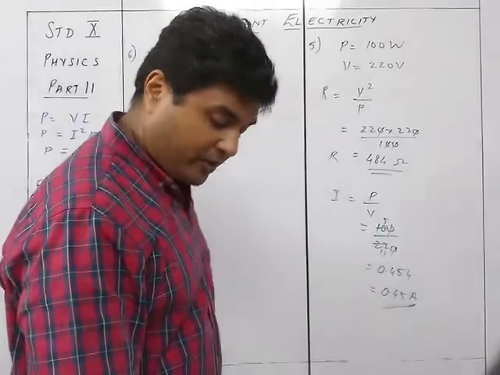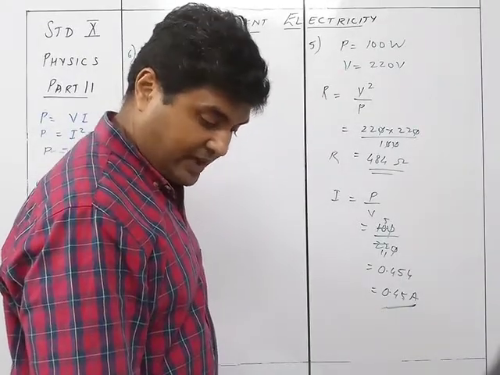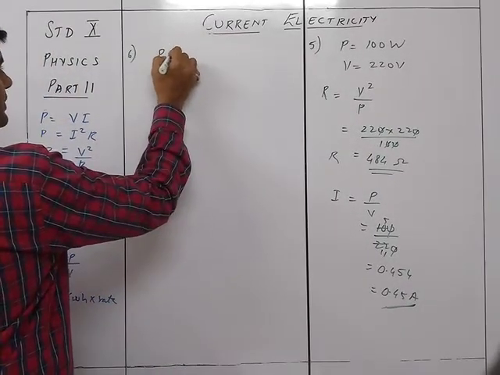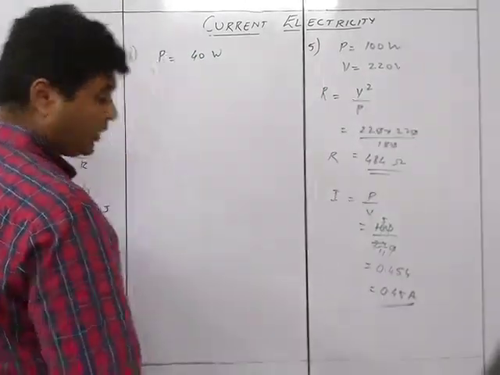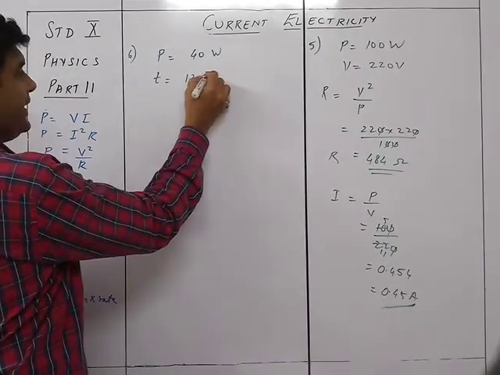A bulb of power 40 watt is used for 12.5 hours each day for 30 days. Calculate the electrical energy consumed. So we have that power is equal to 40 watts, and the time is equal to 12.5 hours.